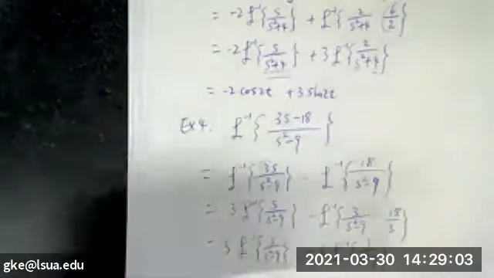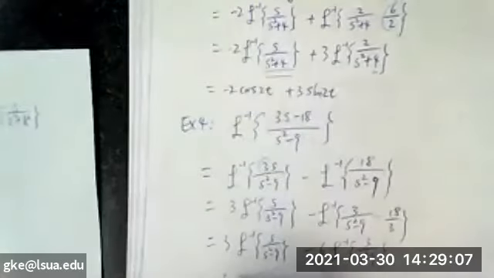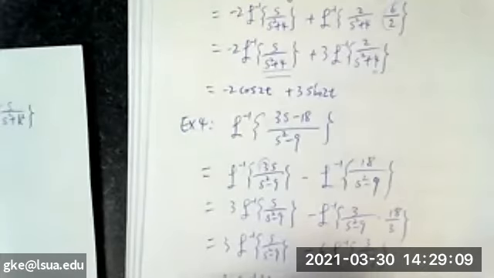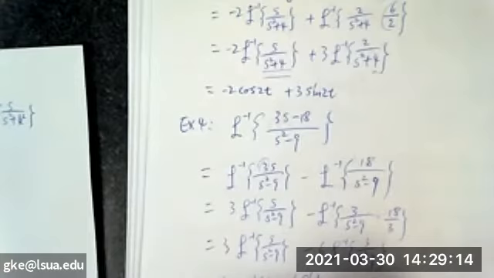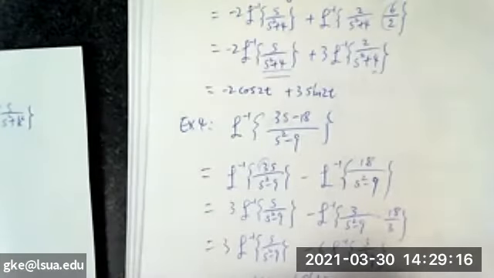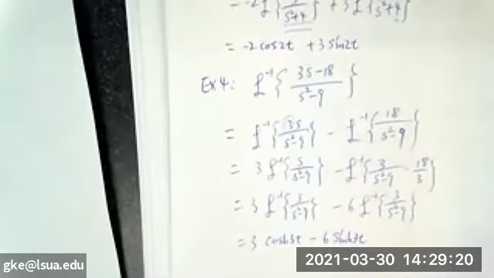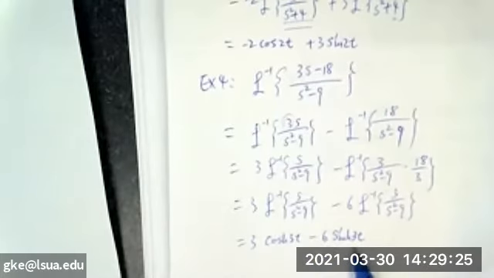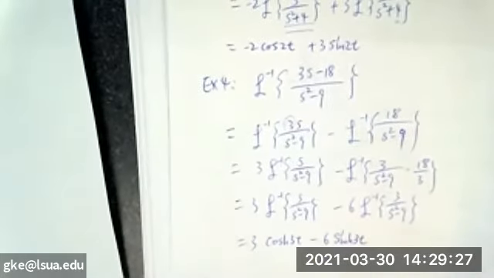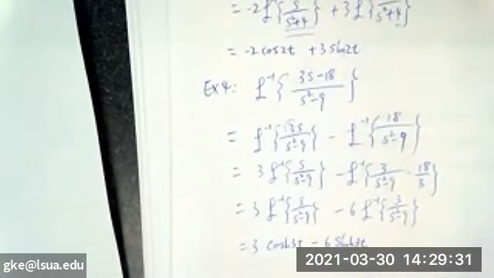Now we can put in the formula: cosh 3t, plus 6 sinh 3t. Because k is 3, we use the hyperbolic formulas. Okay, let's continue.